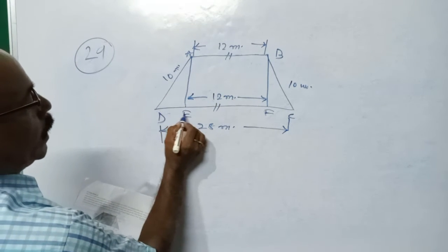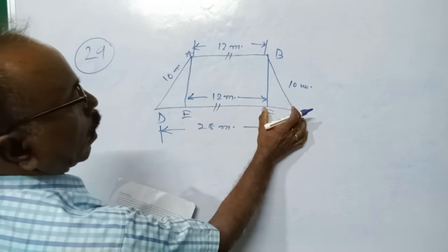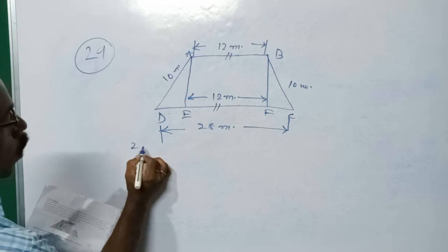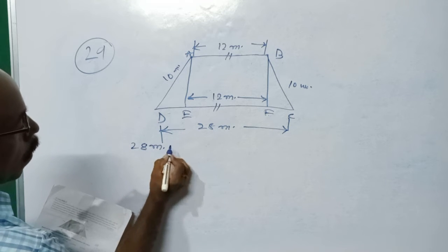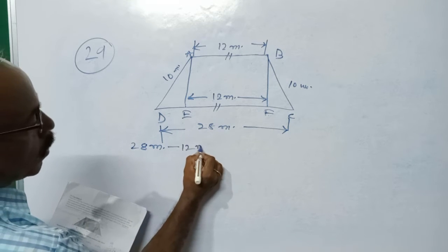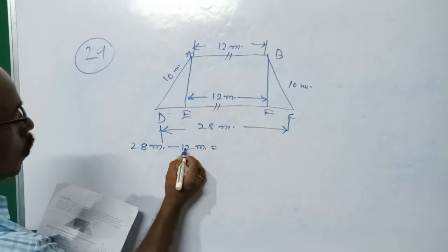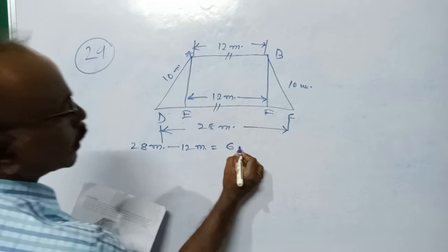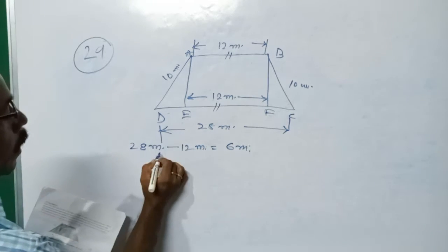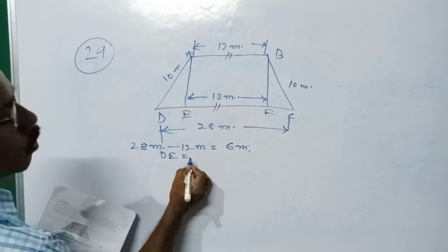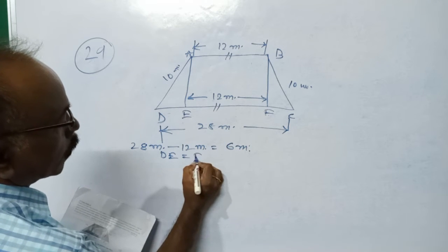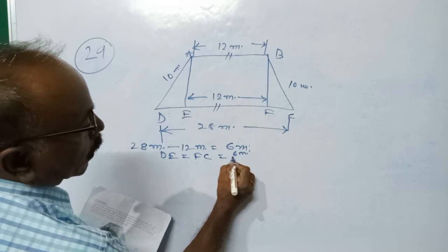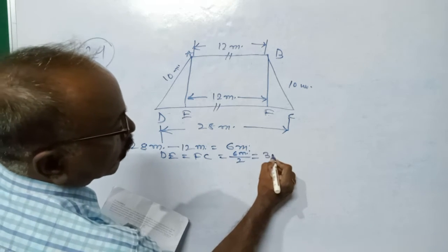So DE and FC will be equal, and this distance will be 28 meter minus 12 meter, which is equal to 16 meter, and DE is equal to FC, or CF is equal to 16 meter divided by 2, which is equal to 8 meter.